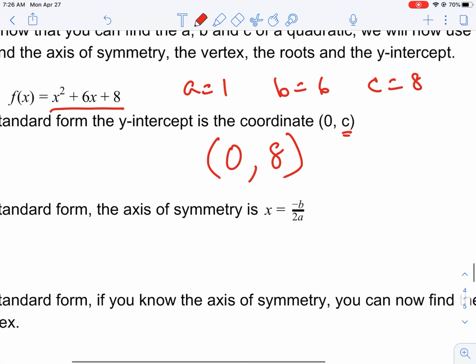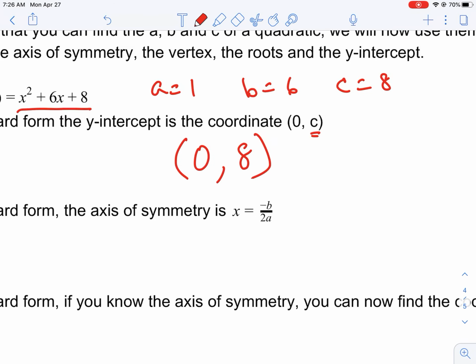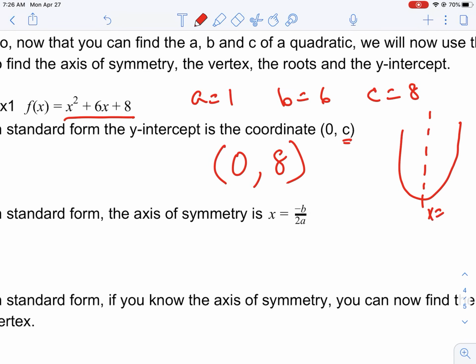It's the axis of symmetry. The axis of symmetry, if you remember, a parabola, wherever it is, whether it opens up, right? That axis of symmetry is that dotted line, and that's x equals a number. Well, how do we find that number from standard form? We use the formula opposite of b over 2a.